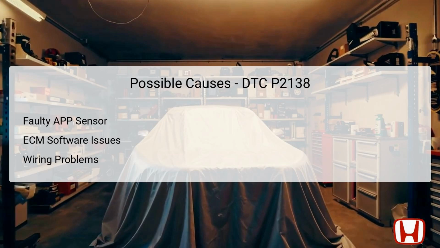Wiring problems, particularly if there are short circuits or damaged connections between the APP sensors and the ECM, can also contribute to the incorrect voltage correlation detected by the ECM. Identifying the exact cause is imperative for resolving issues related to this DTC and ensuring optimal operation of the vehicle. Appropriately checking these elements will guide technicians in making accurate repairs and avoiding unnecessary component replacement.